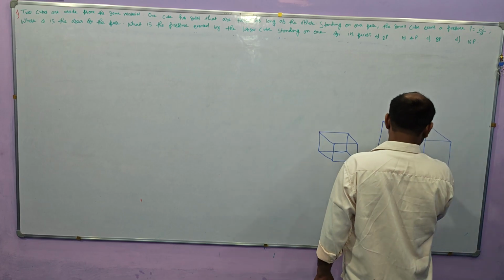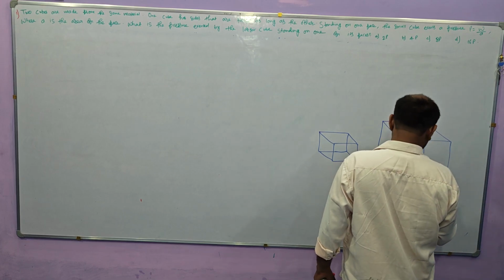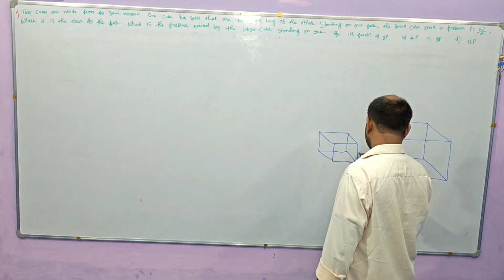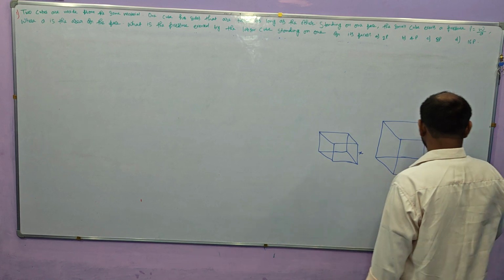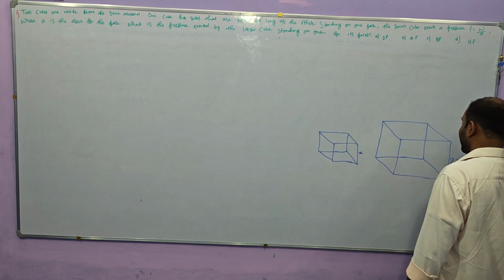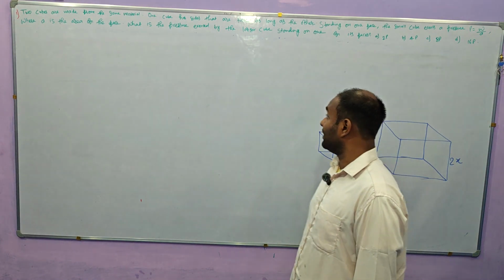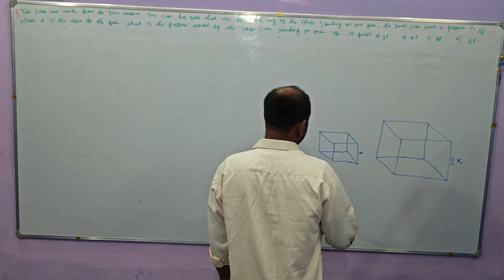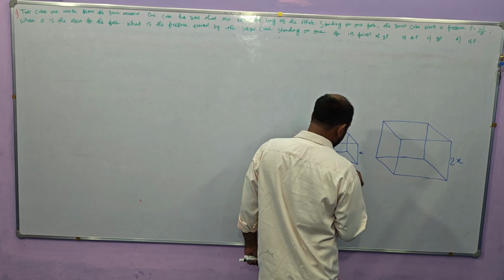suppose the small one has a length x, then the other has a length 2x, standing on one face.